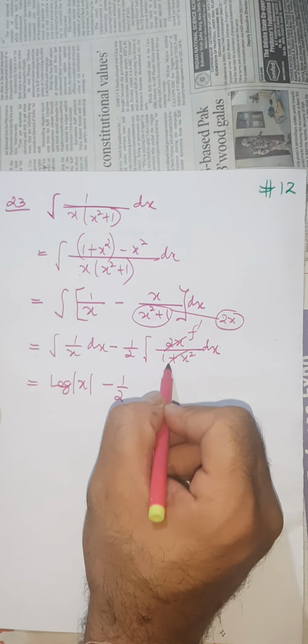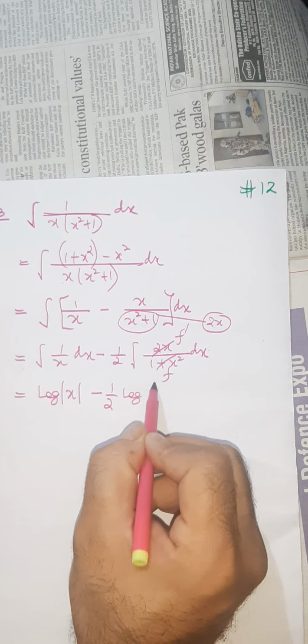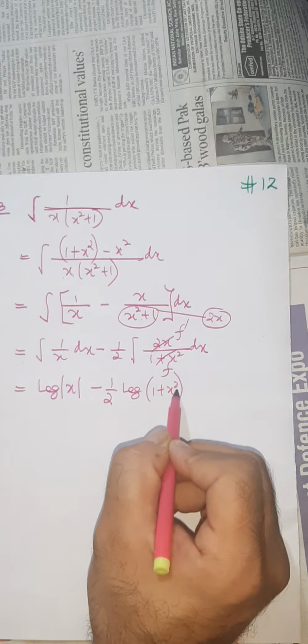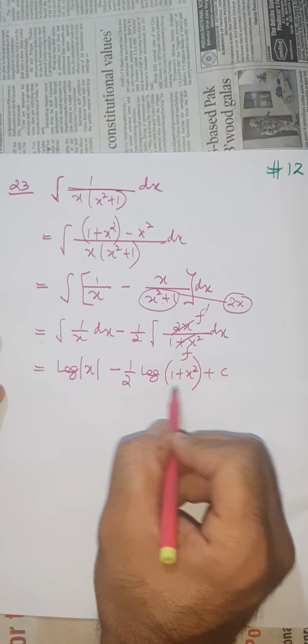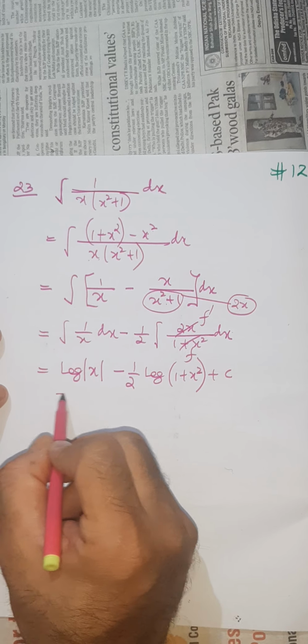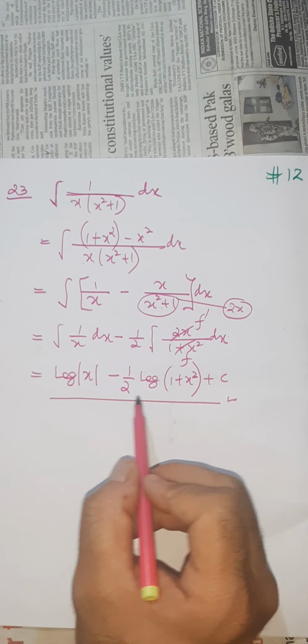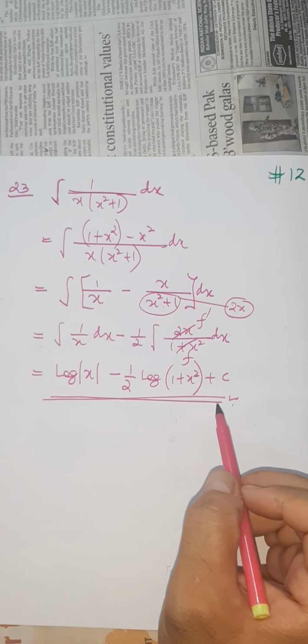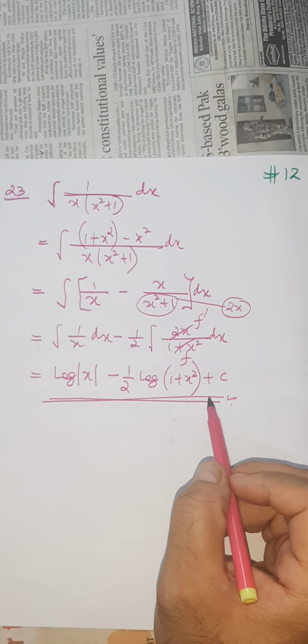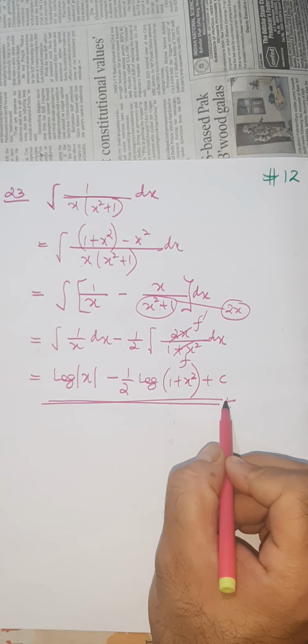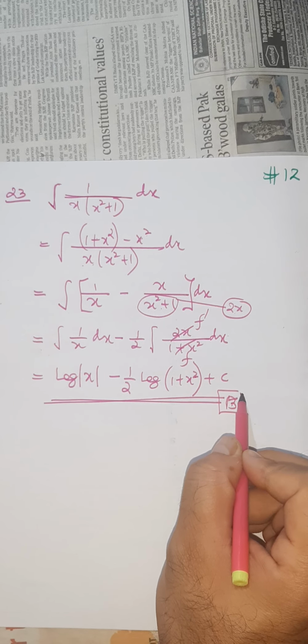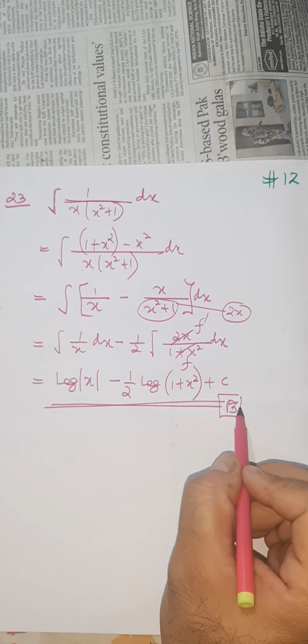This is f dash, this is f. Log of mod of denominator expression, this one plus c. No need to write modulus here because 1 plus x squared is always positive, remember. So this is, I suppose, option B. Not B, sorry. This is option A.